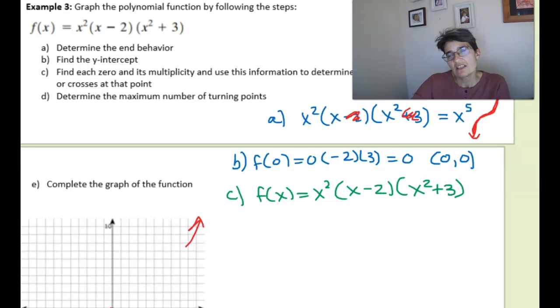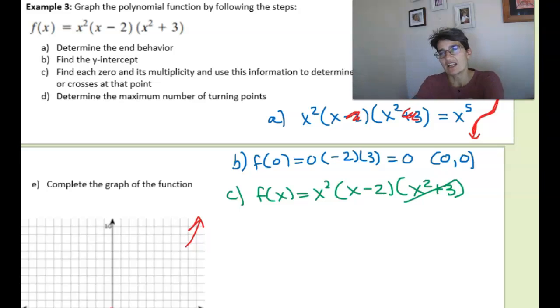Alright, so I look at this, and this is as factored as I can do it, because this last factor has a square in it, but because this is a plus, it doesn't factor as a difference of squares. So this does not give me any real zeros. So we don't get any x-intercepts from here.